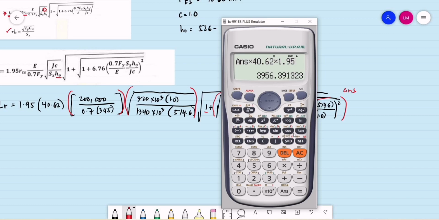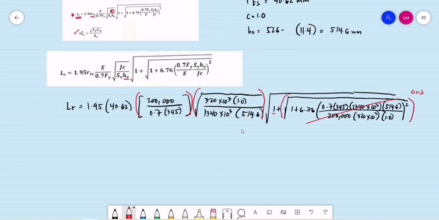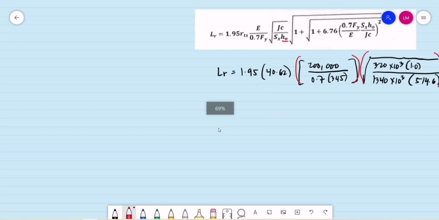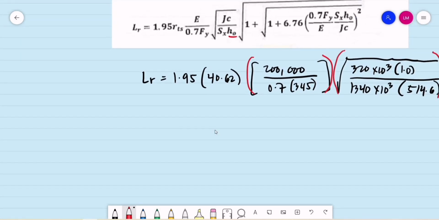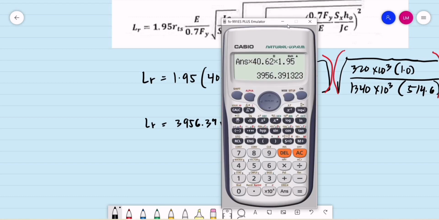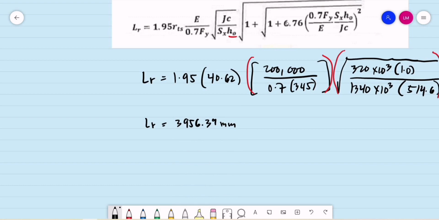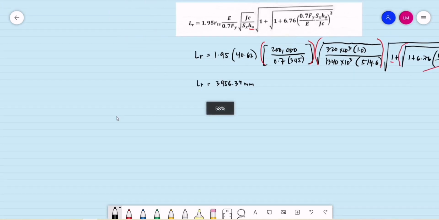And we have L sub R is 3,956.39 millimeters. And we are now ready to summarize.